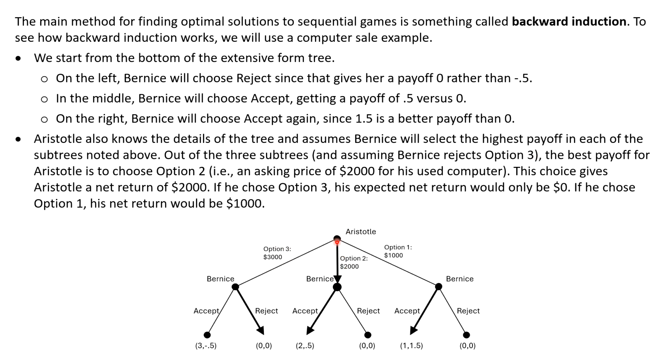And so I put that in as a solid arrow. And so this is the solution to the sequential game here using backward induction. That Aristotle would offer at 2,000 and Bernice would accept.